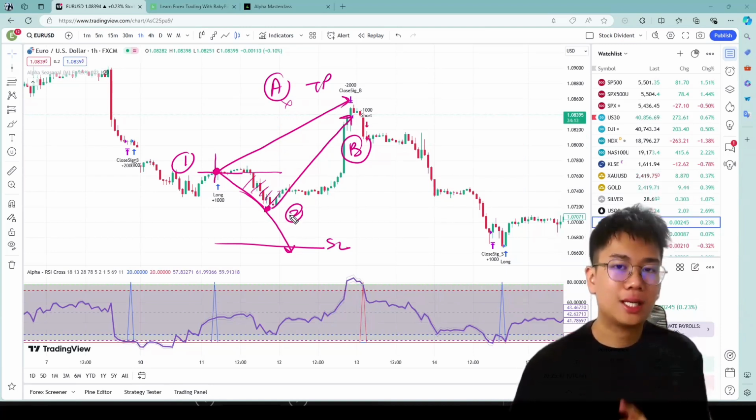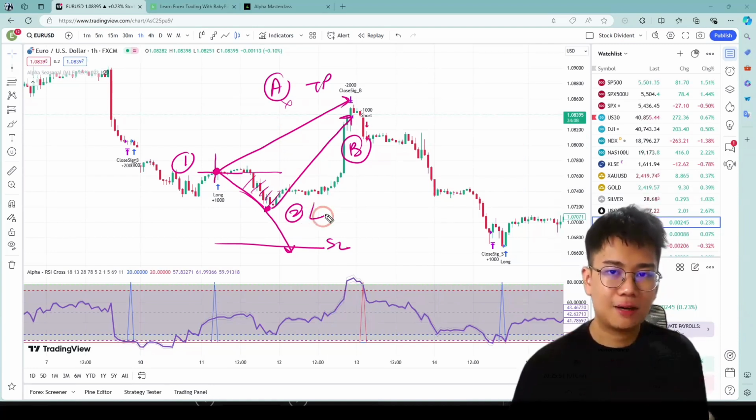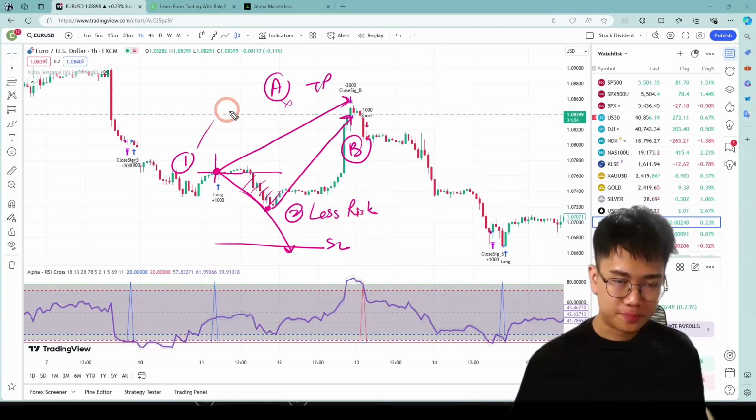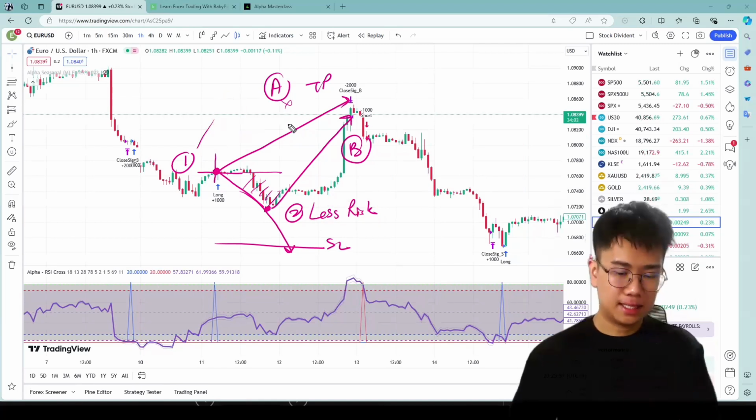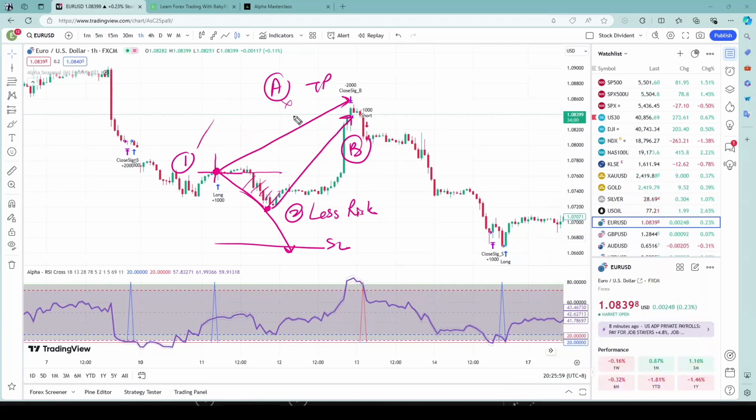And number 2, you also get a lesser risk. So in this case, I would definitely prefer the lesser risk compared to number 1. I understand that yes, there's a lesser chance, I may miss trade A, but overall I have minimized my risk. At least in the long term, I can make sure that I have a much safer and more accurate style of trading.